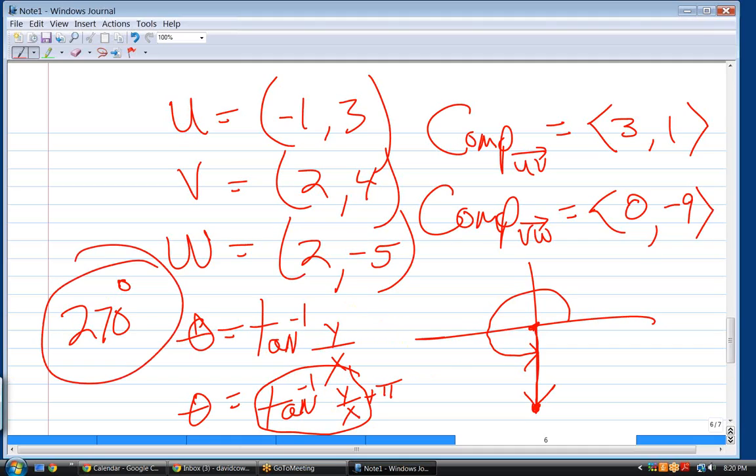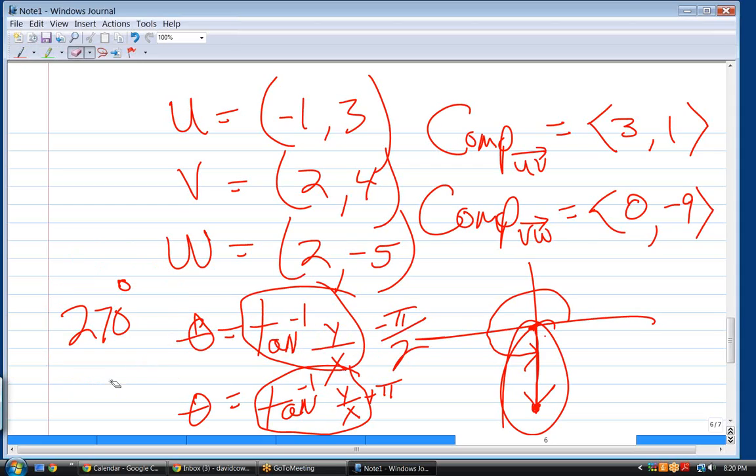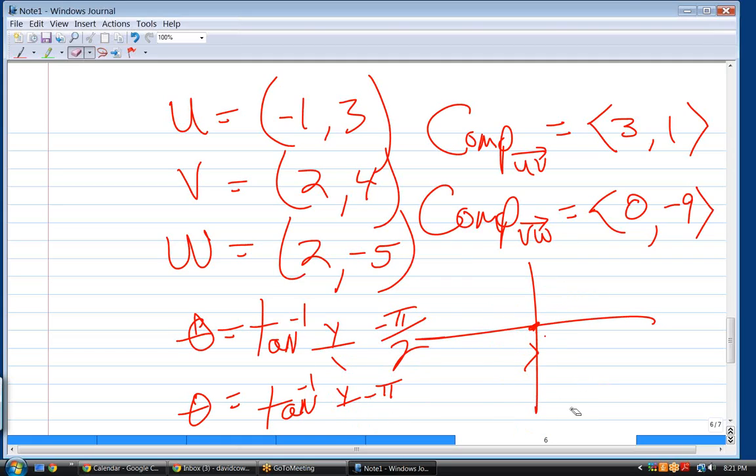I could also take the inverse tangent and get minus pi over 2, and that's also that angle. You probably haven't been taught this part yet. The only reason I bring it up, you might not even get taught that until you get into polar, and polar is coming right after vectors.